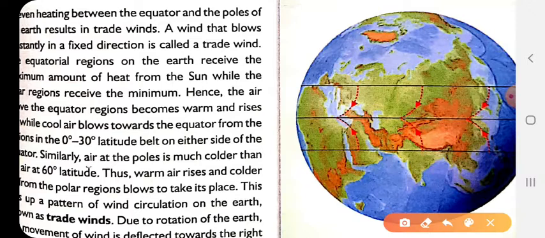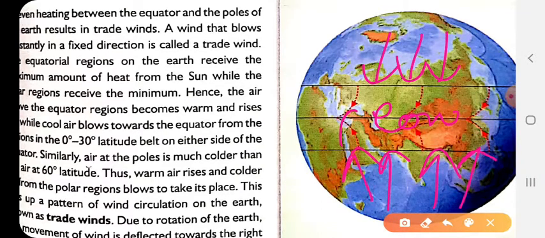As it becomes warm, the air above the equator also becomes warm and rises up, and creates a low pressure region over the equator. So winds from the poles start blowing towards the low pressure region, from high pressure to low pressure. Okay?